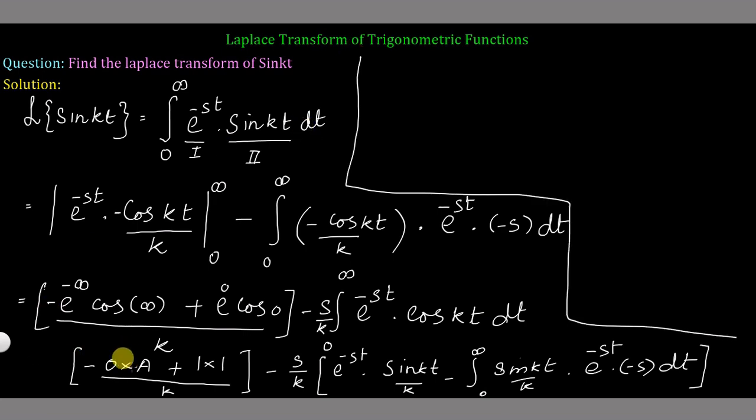You can see over here this will be 0, so we are left with just 1 over k from there.